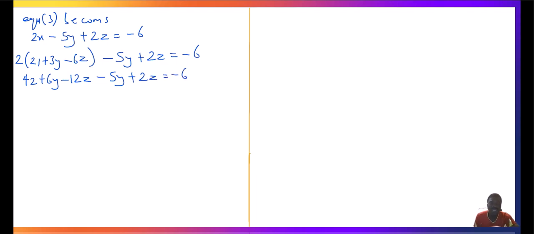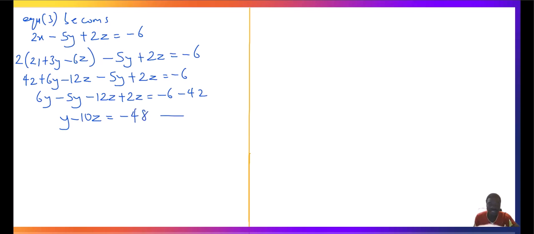So we can choose again to rearrange and collect like terms at the same time. That will give us 6y minus 5y minus 12z plus 2z equals minus 6 minus 42. And that will help us to get y minus 10z equals negative 48.